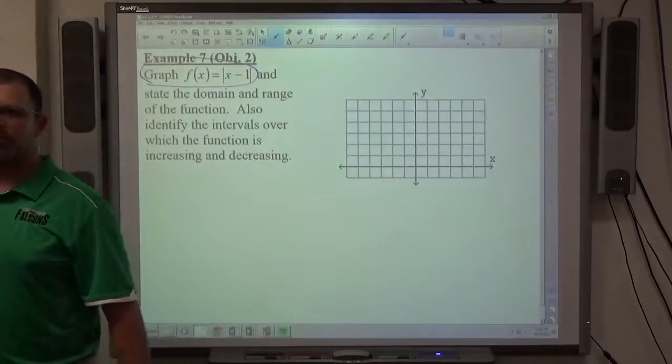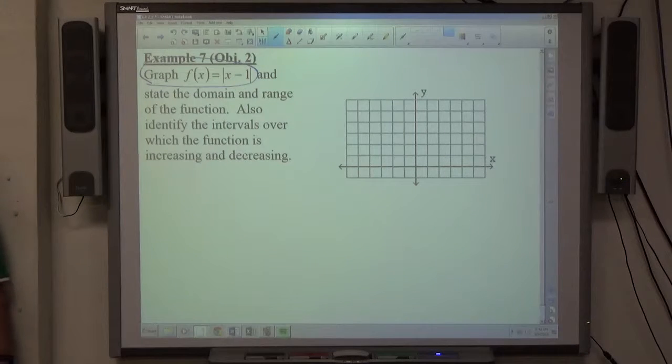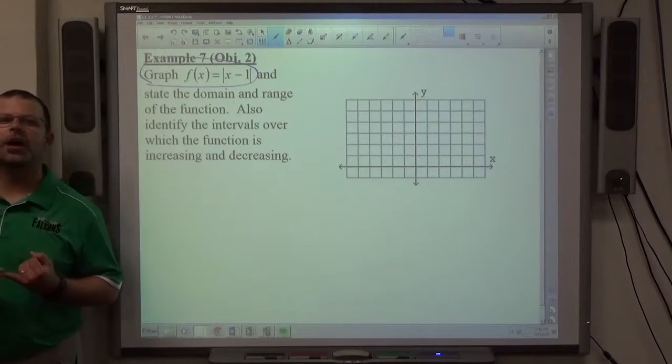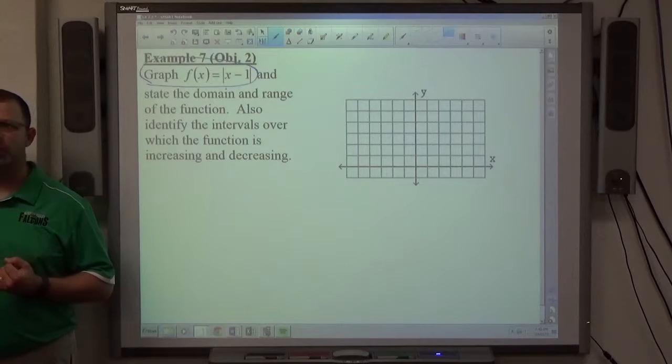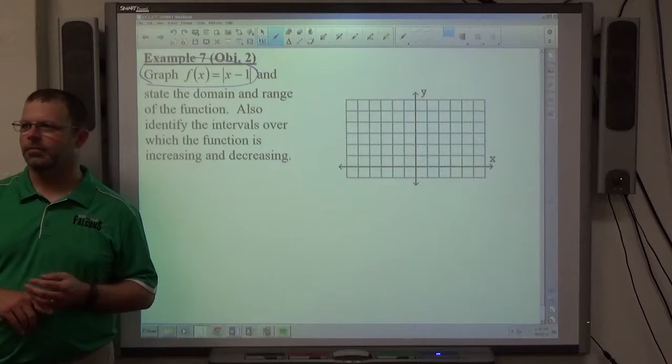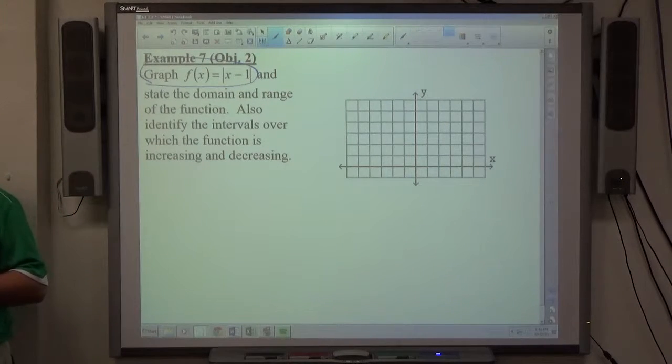I'm going to talk about domain first. You do not have to graph to get domain. Domain's all about restriction. And what's happening in this function is we're subtracting 1 from x. So the first question you have to ask yourself is, is there some number out there that subtraction by 1 is bad? Is there any number out there that I can't subtract 1 from? Anybody name that number? Absolutely not.